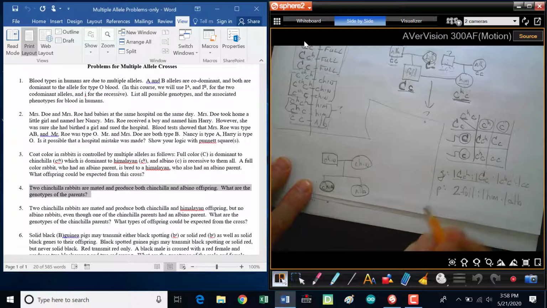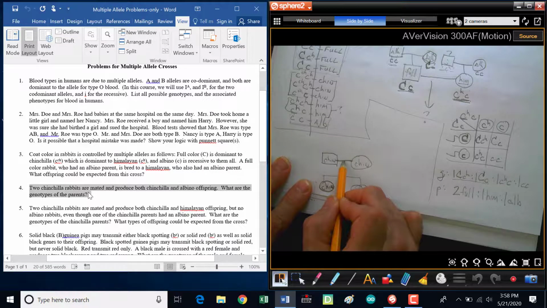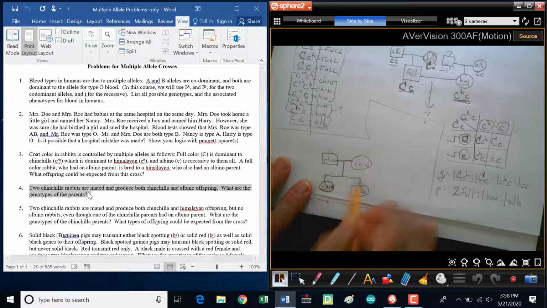What are the genotypes of the parents? That's what it asks over here. What are the genotypes of these 2 chinchilla rabbits that are mated and produce in the next generation both chinchilla and albino offspring? So again, we go in and we go albino. That's easy.